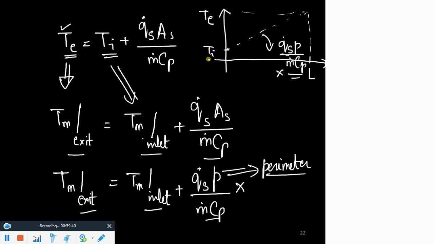Isn't this the slope of this line? Why? Because Ti is the mean temperature at this point. So I am actually plotting Tm against x. So this dTm over dx, which is the slope, is basically equal to q dot s into perimeter over m dot Cp.